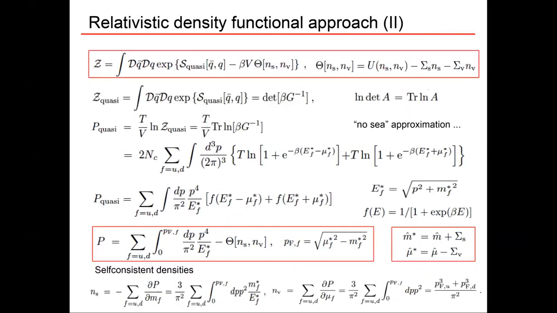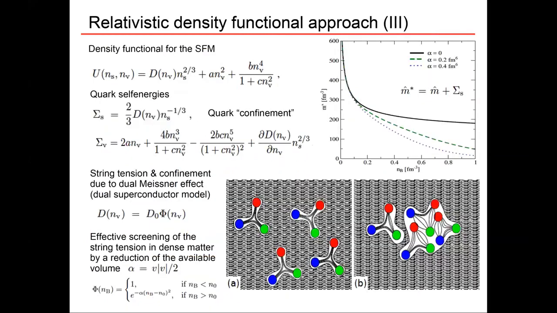What density functional? Here, this density functional can be more general than, for instance, the Nambu–Jona-Lasinio model. The Nambu–Jona-Lasinio model would be a limiting case where the density functional would be just a square of scalar and vector densities. So we keep here this vector density behavior.